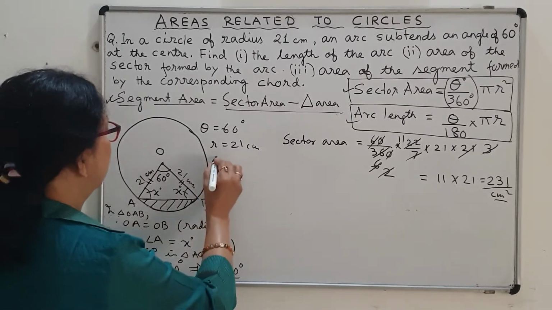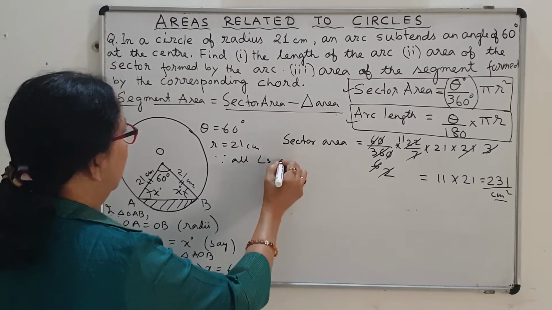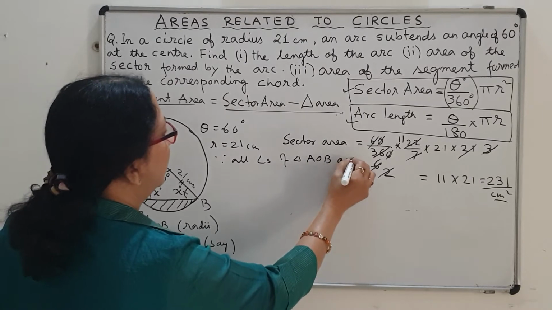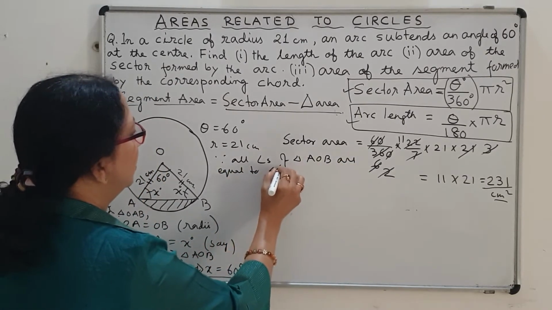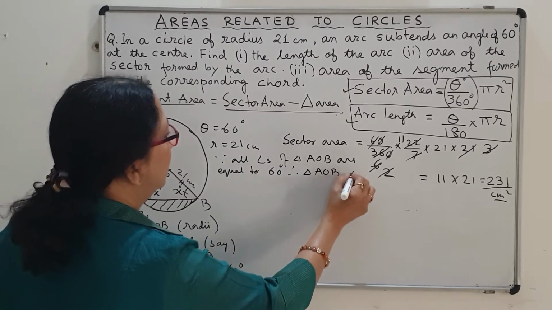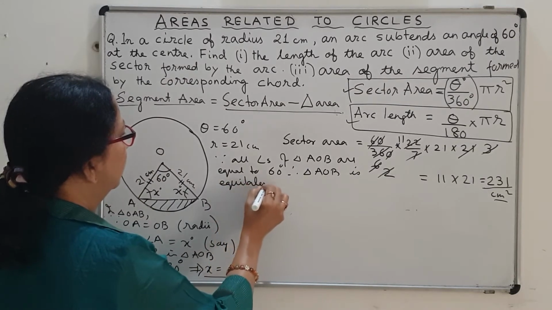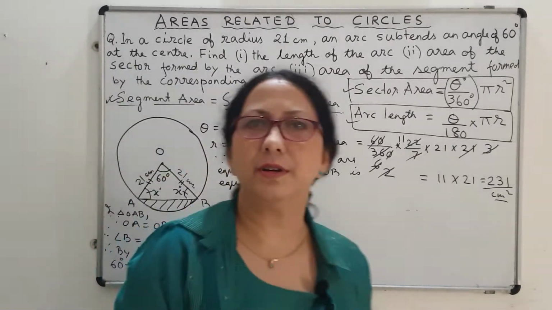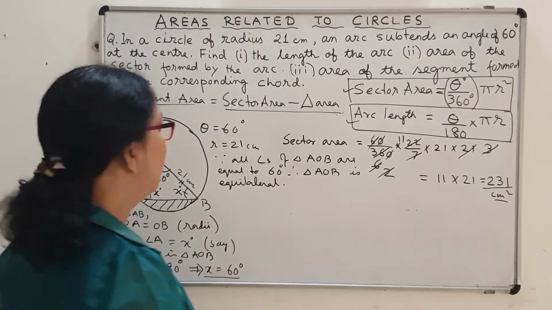That means it will be an equilateral triangle. So we write, since all angles of triangle AOB are equal to 60 degree, therefore triangle AOB is equilateral. The area of an equilateral triangle can very easily be found by the formula root 3 by 4 a square.